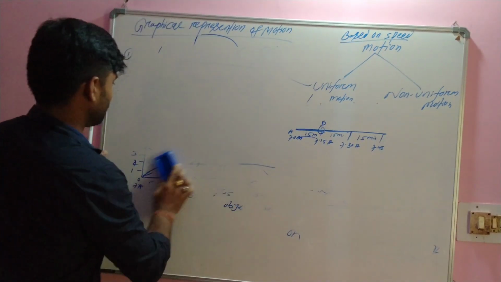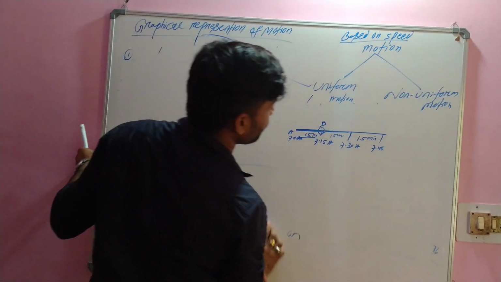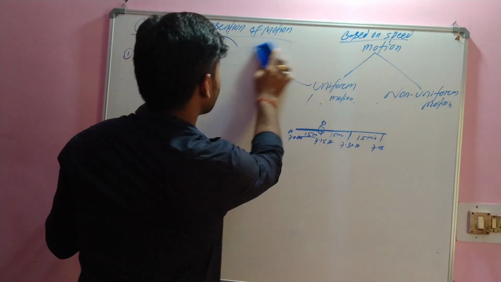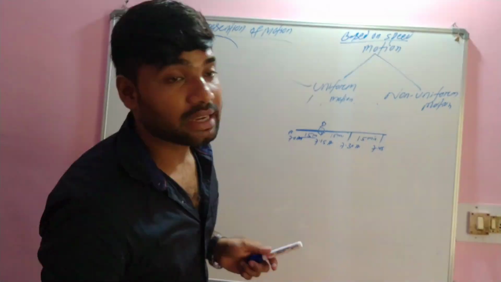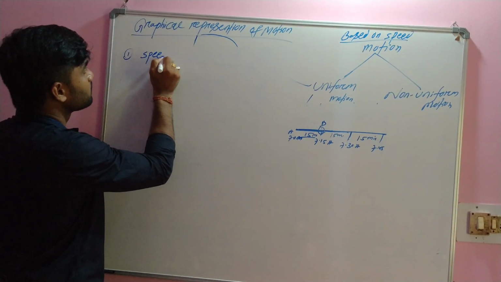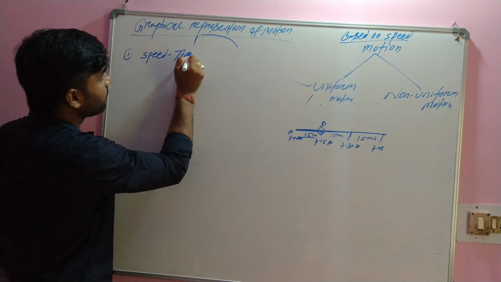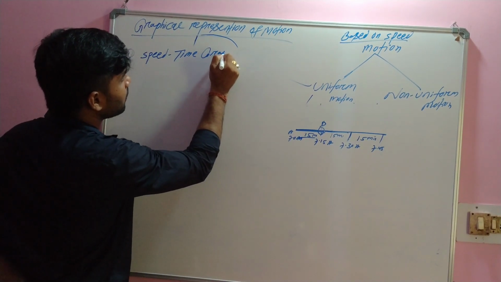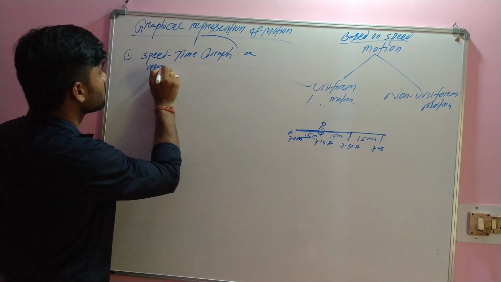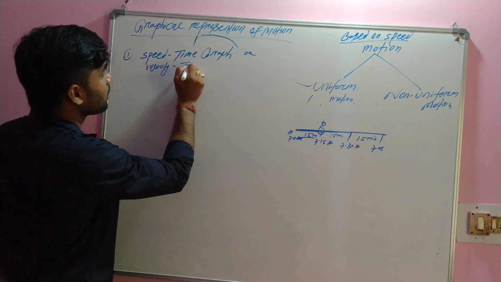How can you represent uniform motion and non-uniform motion on a velocity or speed time graph? You can say speed time graph or velocity time graph.